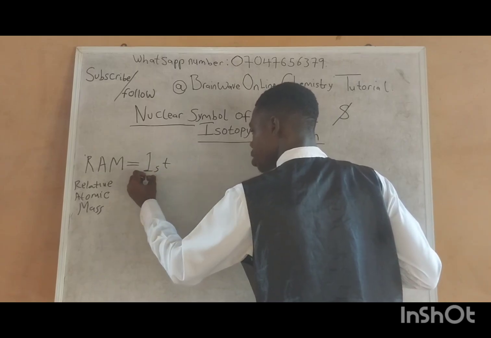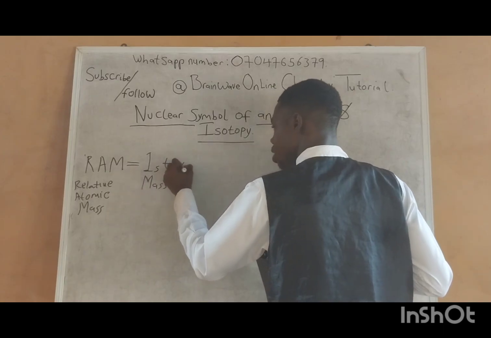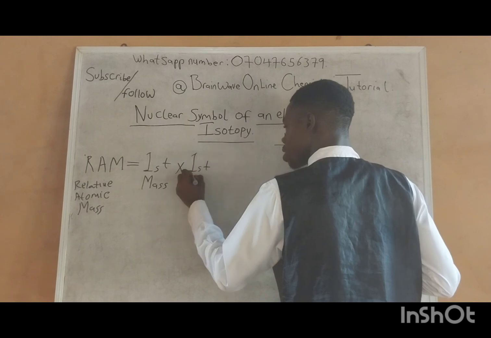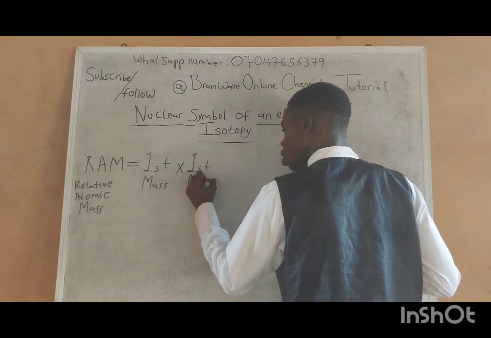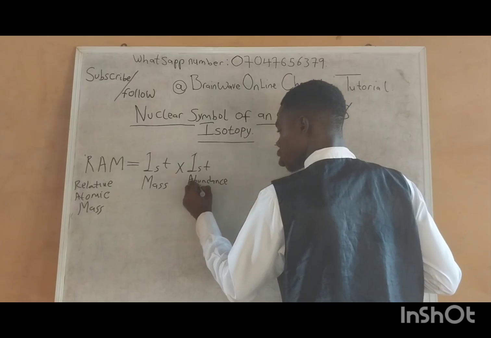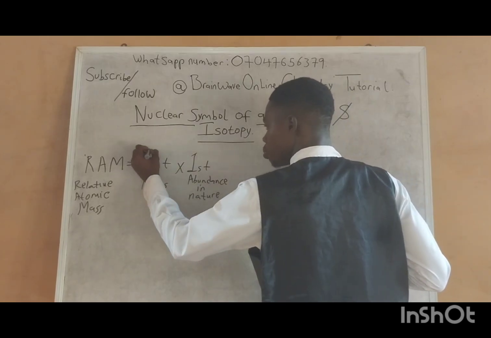Take note of this, first mass times first abundance in nature. Then you will go to bracket it.